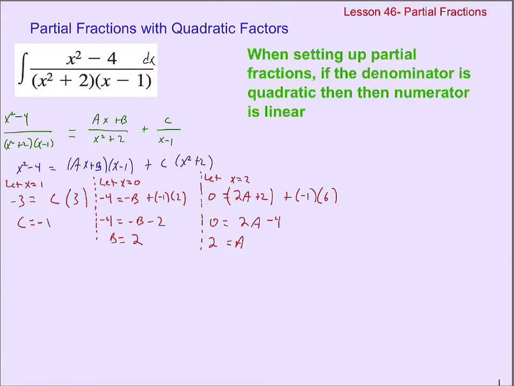I'm just going to rewrite this with my a, b, and c plugged in: the integral of 2x plus 2 over x squared plus 2, minus, because the c is minus 1, 1 over x minus 1. And what we can do now is integrate that.